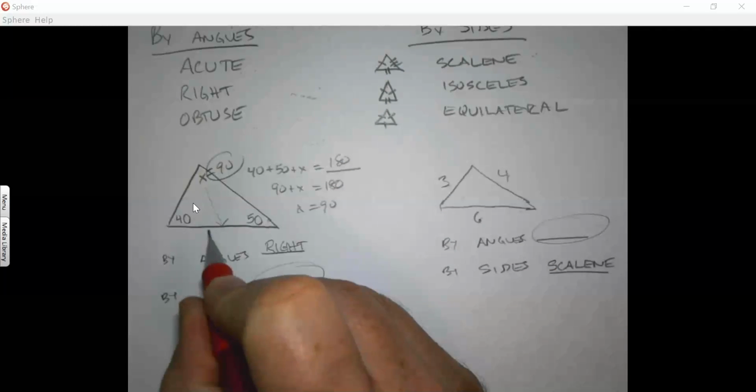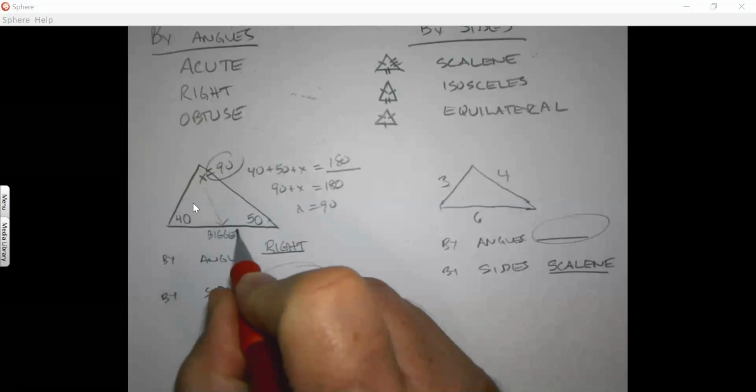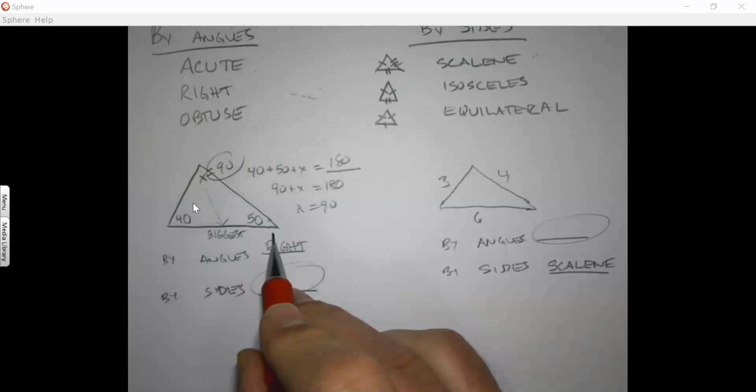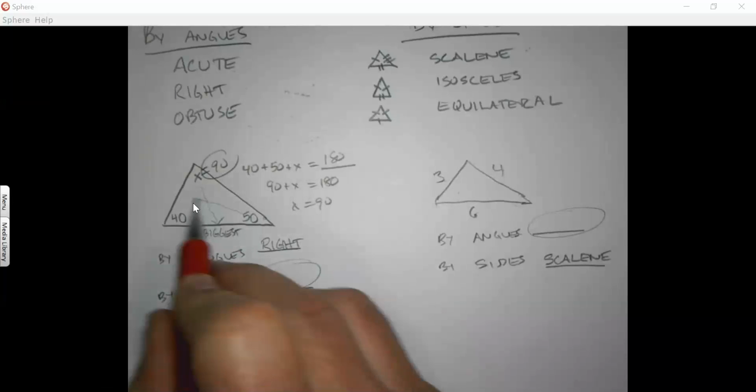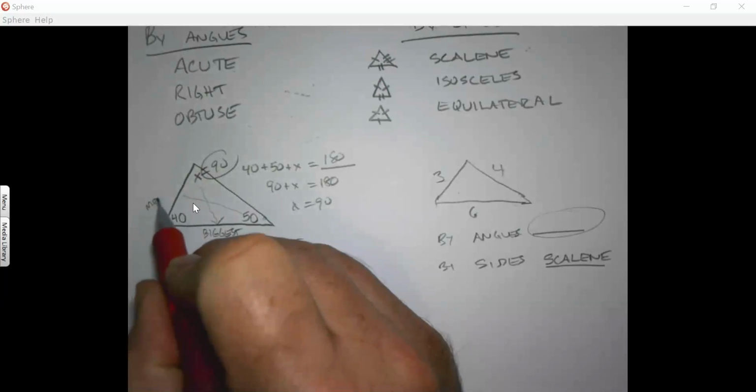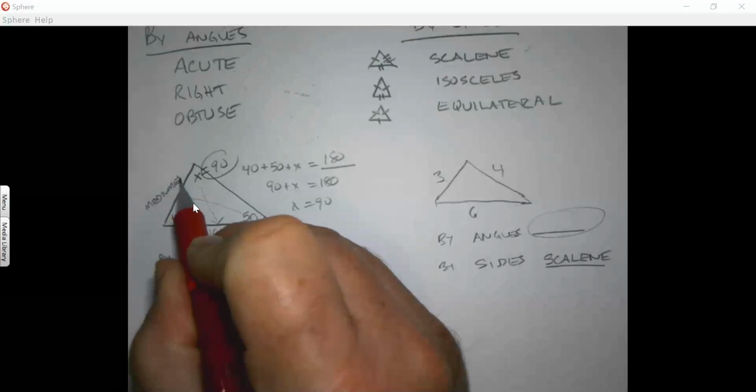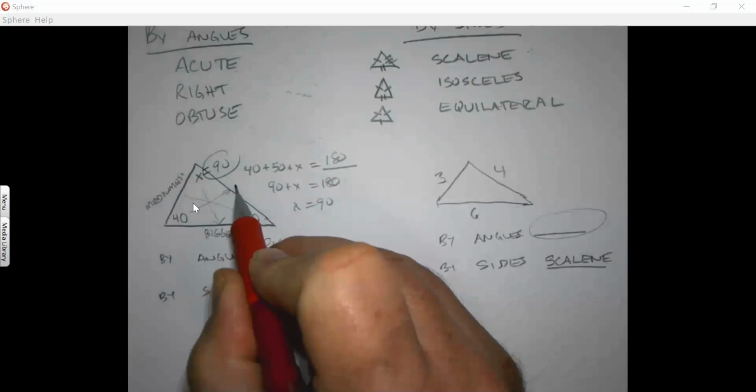Biggest side. So we expect this to be the biggest side. And since 50 is less than 90, but more than 40, we expect this over here to be the mediumest side. And this side opposite 40 would be the smallest side.